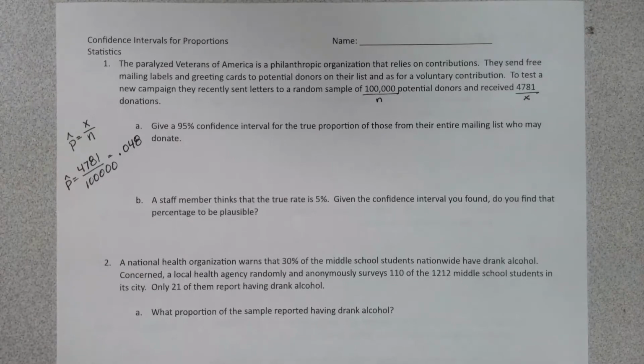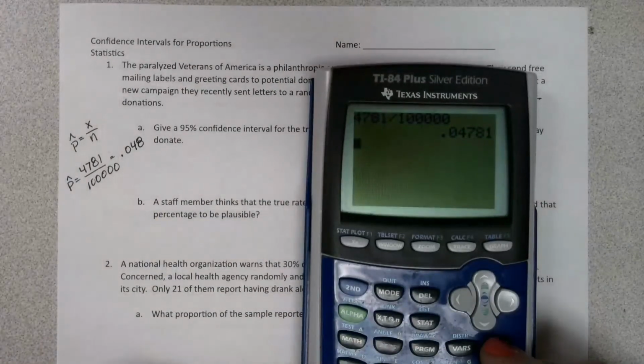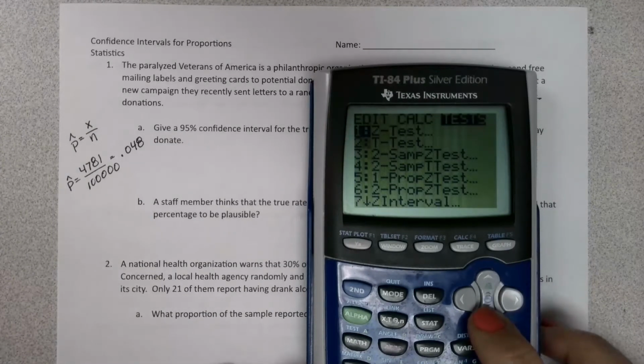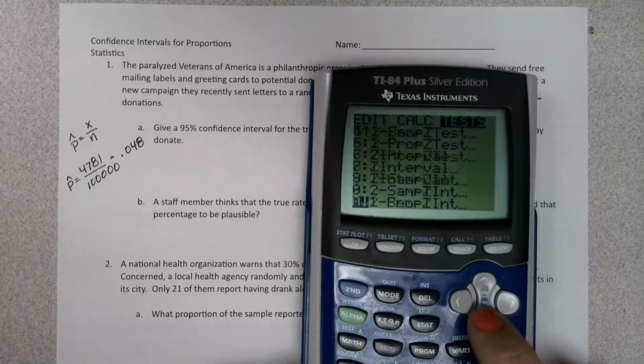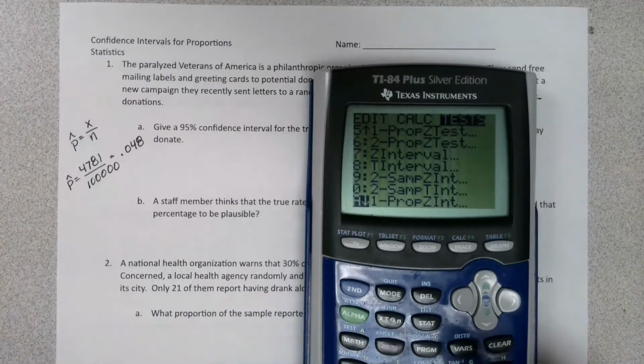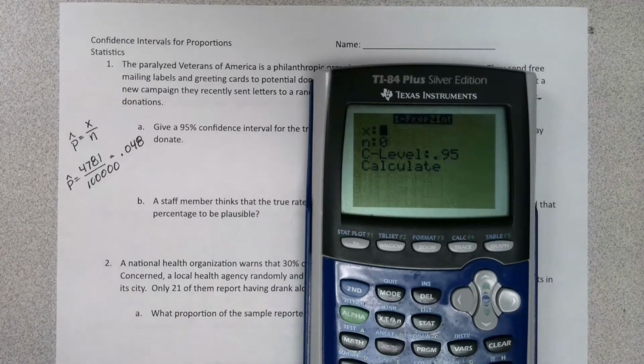So give a 95% confidence interval for the true proportion of those from their entire mailing list who may donate. So on the calculator, if you remember, you go to Stat, we're going over to Test, and then make sure you're choosing the right one. Because this is proportions, we want a 1-PropZInt. So don't get it confused with the 1-PropZTest.